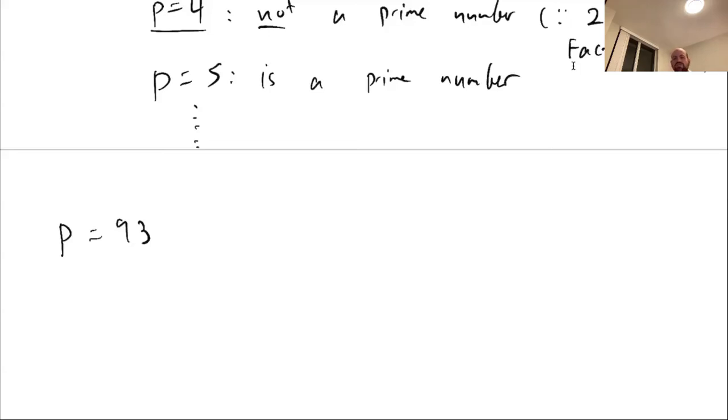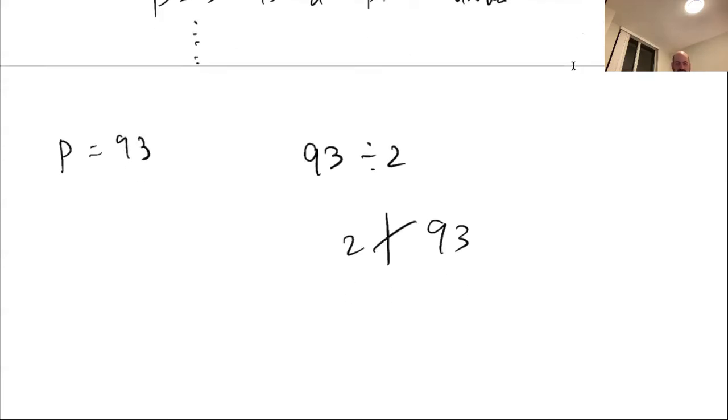Well, we have to see whether it's divisible by any number other than 1 and itself. So we can start with 2, right? So 93 divided by 2, see whether it's divisible or no. In other words, 2 does not divide 93, right? And then we go to the next number.